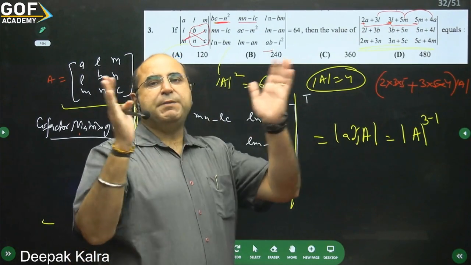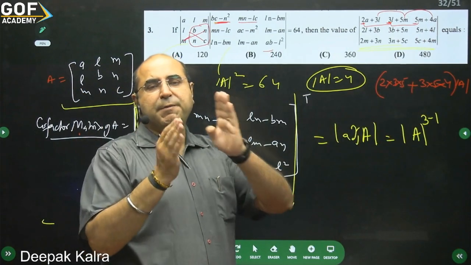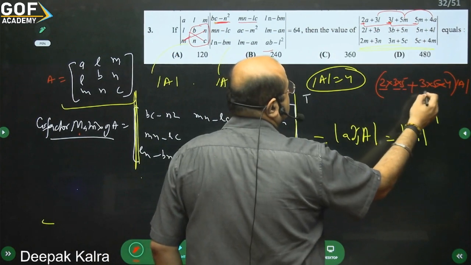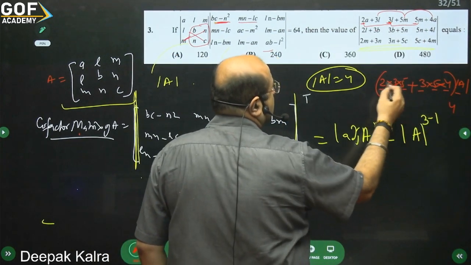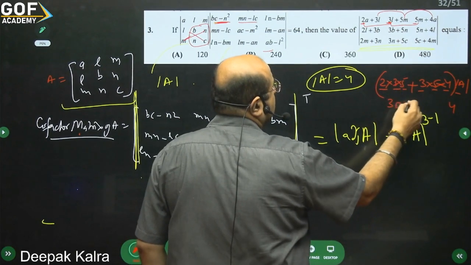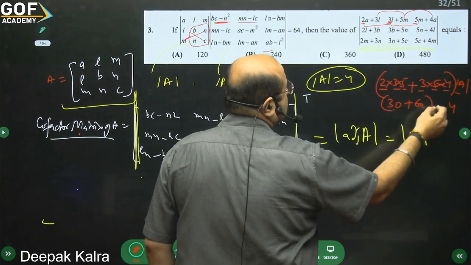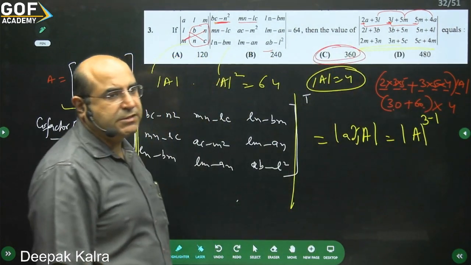This is the splitting of subdeterminant. If you do it, this will become very lengthy. Just remember with this scalar system. You get 2, 3, 5, 3, 5, 4, determinant A. Determinant A is 4 and this value is 30. This value is 60. 60 plus 30, 90 times 4 is 360. This answer is also 360.